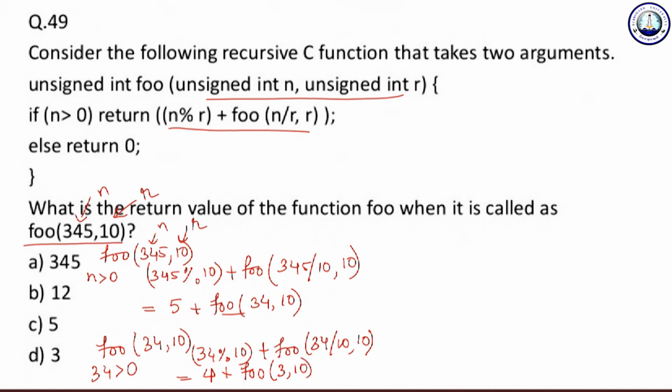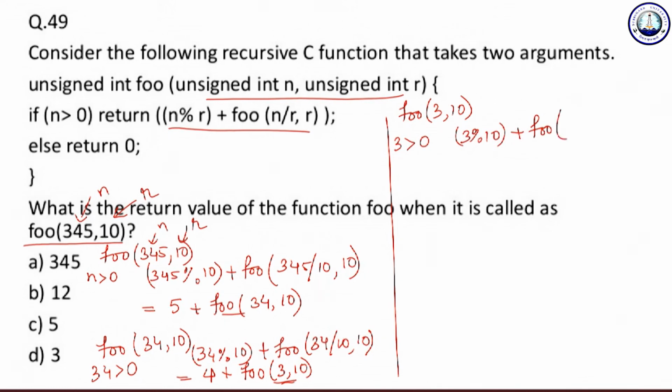Then again this function call. So, foo of 3 comma 10, 3 is greater than 0, then 3 modulo 10 plus foo of 3 divided by 10 comma 10.